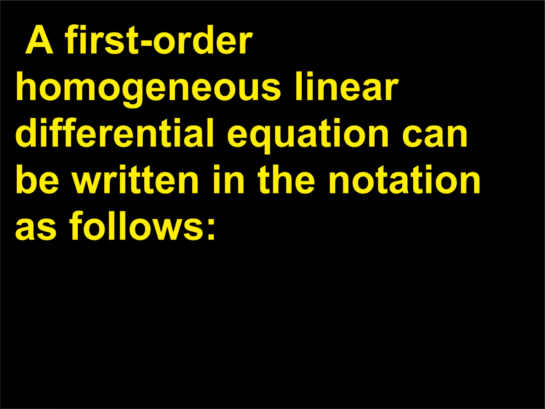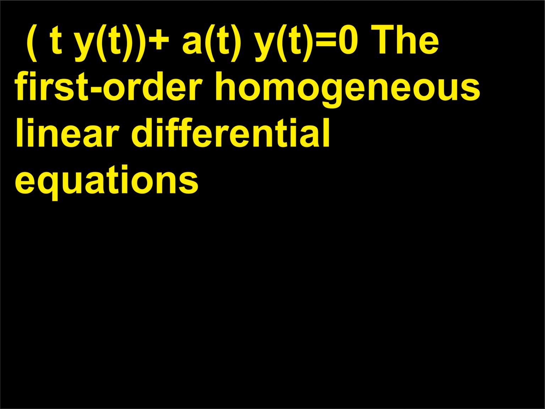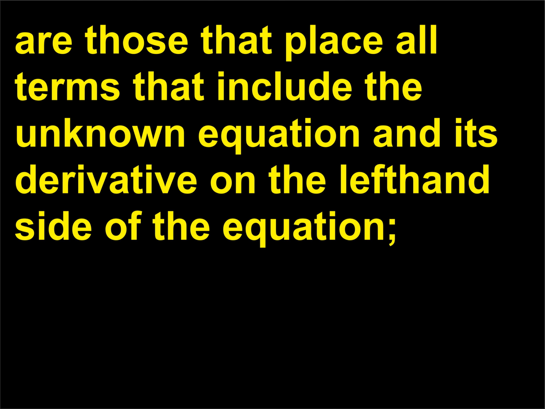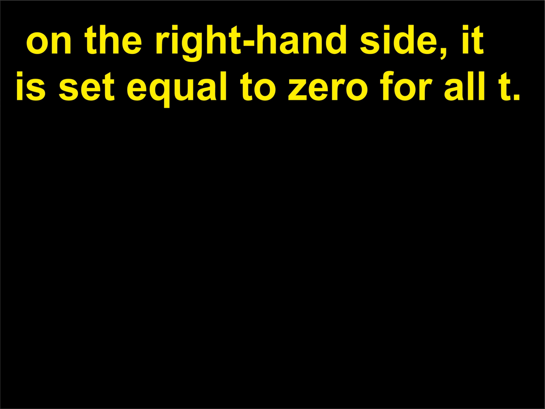A first-order homogeneous linear differential equation can be written in the notation as follows: y'(t) + a(t)y(t) = 0. The first-order homogeneous linear differential equations are those that place all terms that include the unknown equation and its derivative on the left-hand side of the equation. On the right-hand side, it is set equal to 0 for all t.